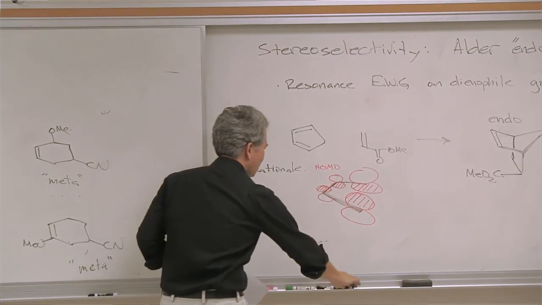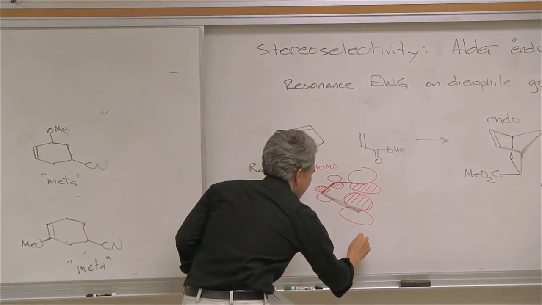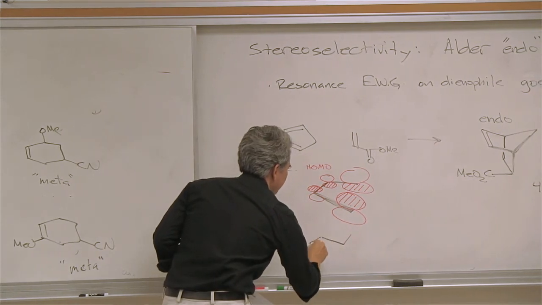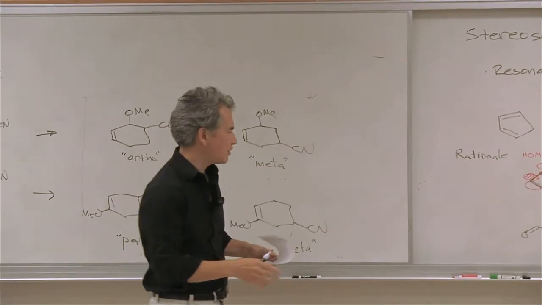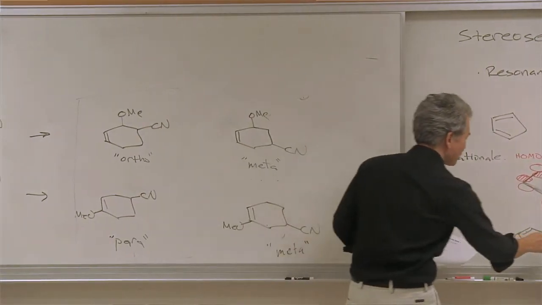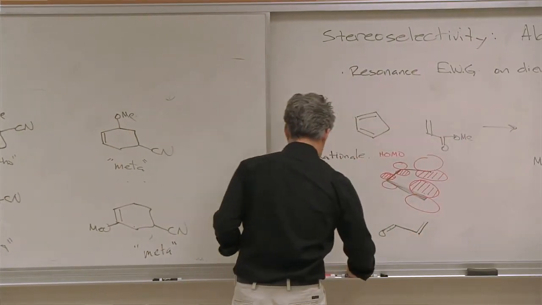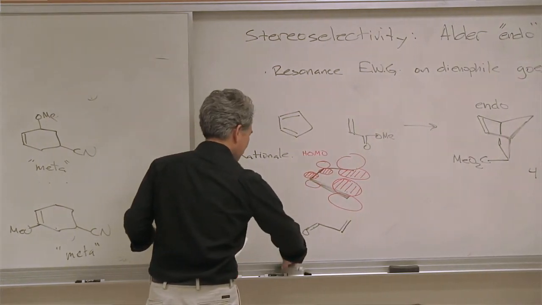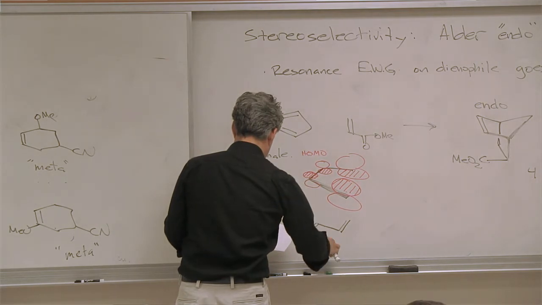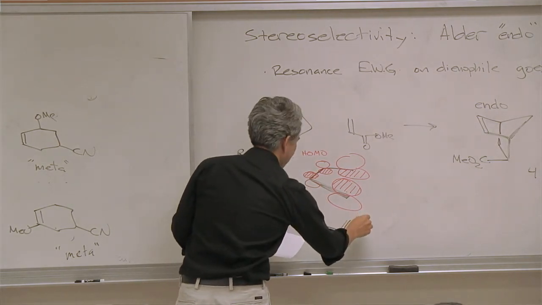Now, underneath, I'm going to draw in the preferred transition state. I'm not going to draw the whole ester part. I'm just going to draw the carbonyl. I'm going to draw my dienophile interacting with that underneath. And let me try to draw the orbitals for that. Maybe I'll do it in green, so I can distinguish the colors here.